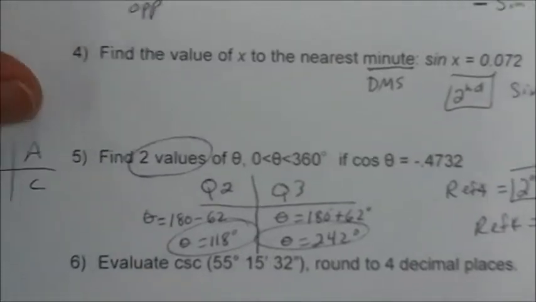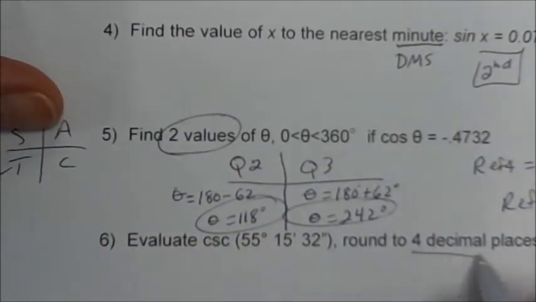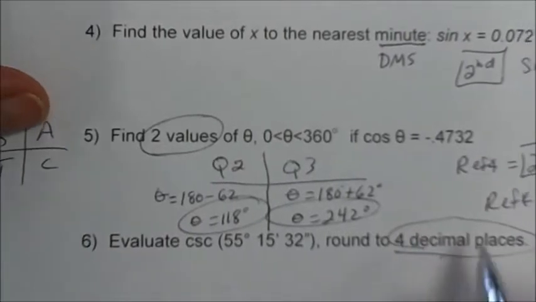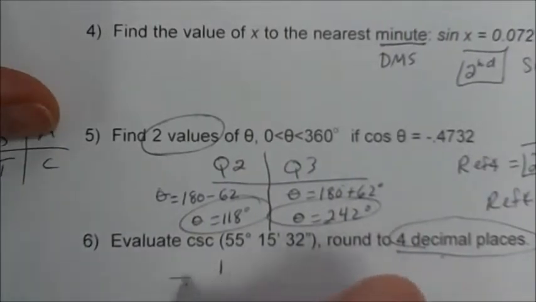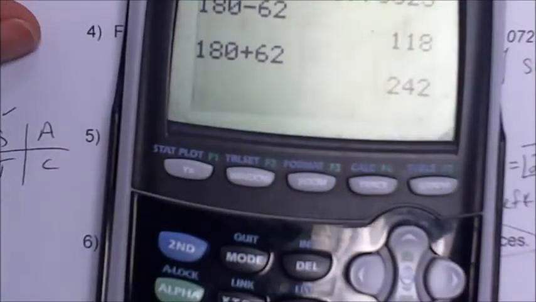A lot of work. Now we want a cosecant of an angle rounded to 4 decimal places. Well, cosecant is 1 over the sine. So we're going to do 1 over the sine of 55 degrees, 15 minutes and 32 seconds in the calculator. And remember, there's some buttons you have to press to get these.